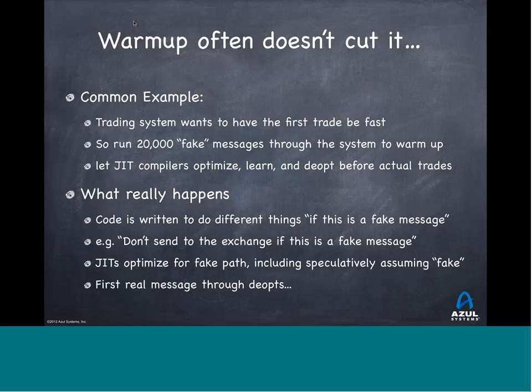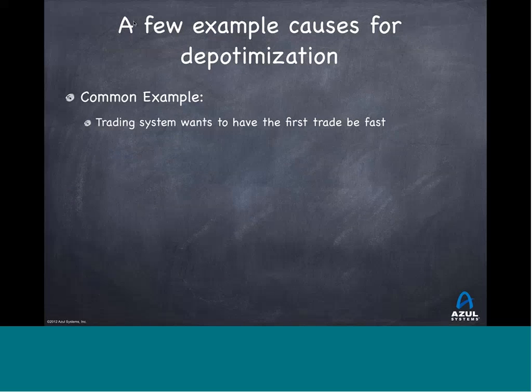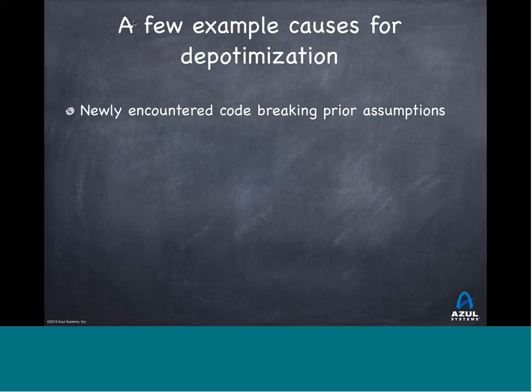And then when the first actual trade comes through, that trade will break an assumption that the compiler made, assuming that it would never happen, and the compiler will then revert the code safely to run in a slower, unoptimized mode while it figures out how to really optimize it for the real world. This is a common example we run into in actual trading. And when you look at examples of why this might happen, at the high level, it's almost always because some newly encountered code is breaking an assumption.